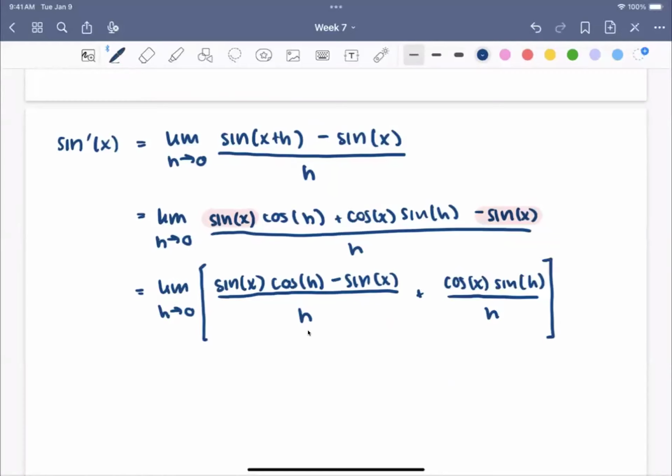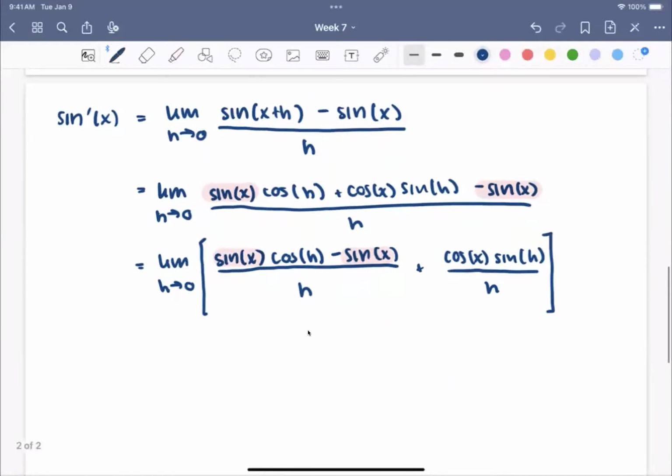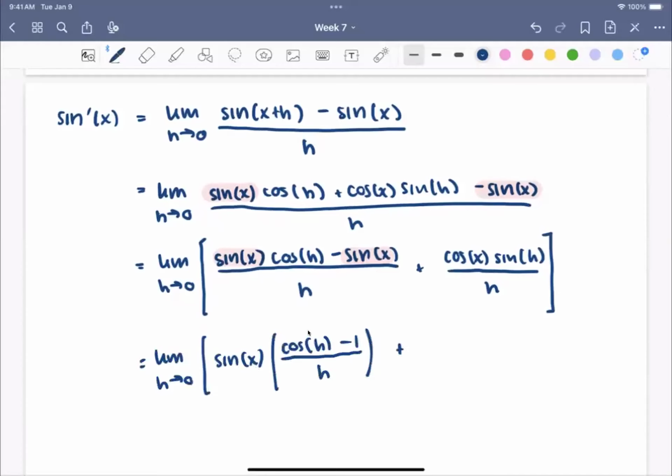Okay, so now since both of these terms have a sine x, I can pull that out. So I'll just factor it. So we get the limit as h approaches 0 of sine x times cosine h minus 1 divided by h, plus this other part, cosine x sine h divided by h.